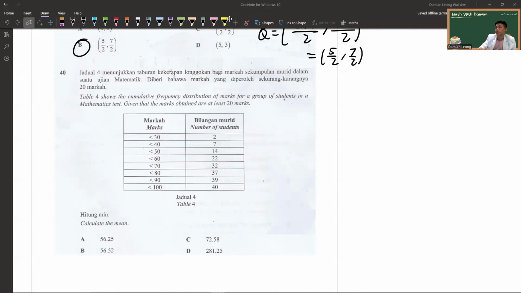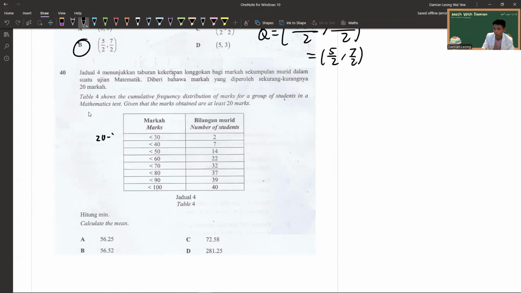Then question 40. Here we are given cumulative frequency for the distribution of marks for a group of students in a math test. Given marks obtained are at least 20 marks. So this is for group intervals, basically.